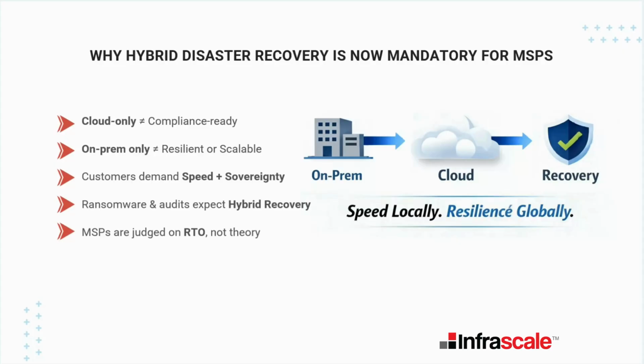It is, can you prove recoverability, isolation, and recovery time? That's why hybrid DR has become the default architecture, where MSPs aren't evaluated on design diagrams. They are judged on how fast they can restore and how confidently they can pass audits.